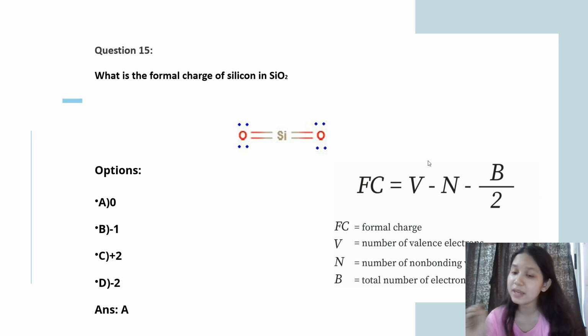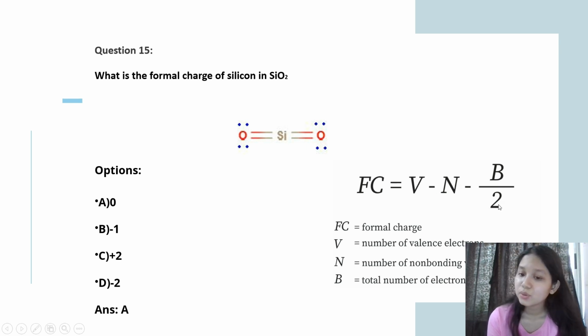If you are considering individual bonding electrons, then you have to divide the number of bonding electrons by 2. So the formula goes like: number of valence electrons in the central atom, minus number of non-bonding valence electrons, minus total number of electrons shared in bonds divided by 2.